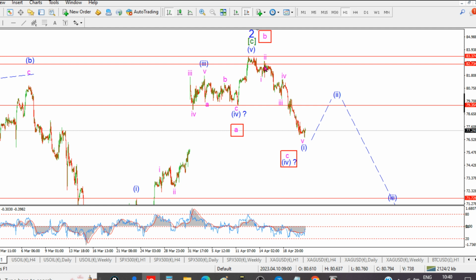We broke above, 70 pennies, and now we are moving impulsively lower again. So the minimum expected expanded flat wave 2 correction, that's wave 2 in blue here, is done. And we do have an impulsive move lower. So all I can say this week is that the action definitely supports the wave count right now.